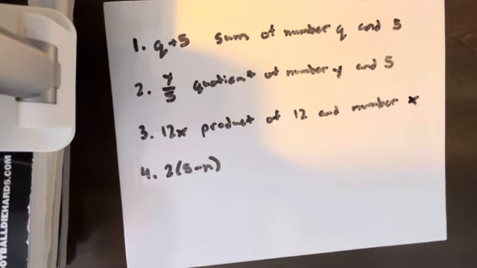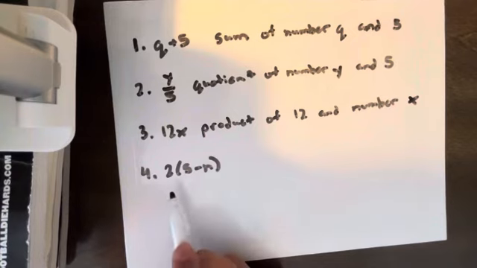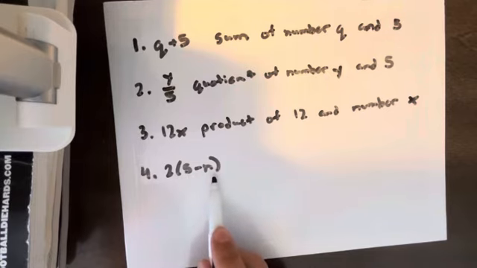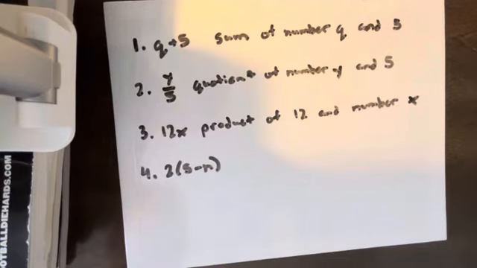Finally, we got a sort of tricky one here. We have parentheses of a subtraction here, and that is being multiplied by 2. So we're actually going to have to use 2 keywords here.